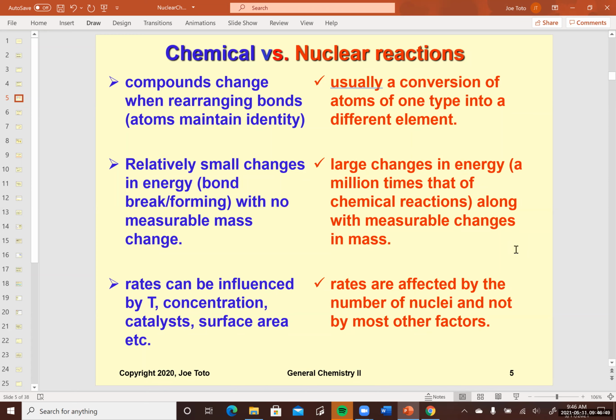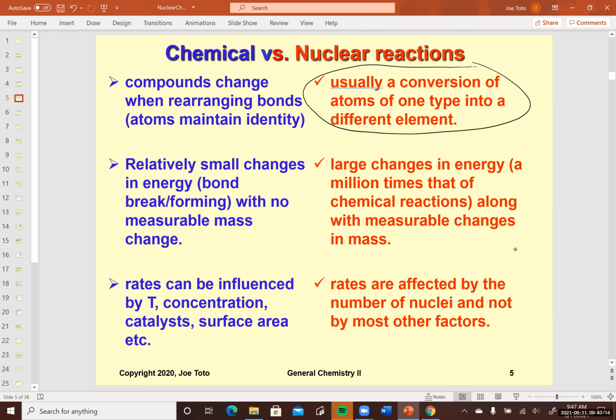But anyway, the nuclear reactions are different because they change the identity of elements, whereas in regular chemical reactions you rearrange the atoms, but there's still the same number of that particular type.